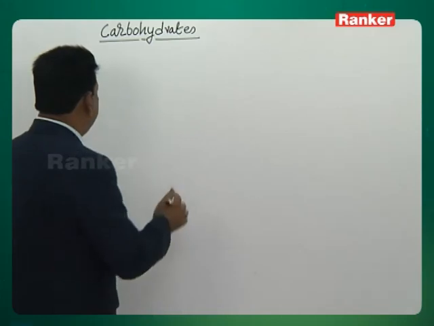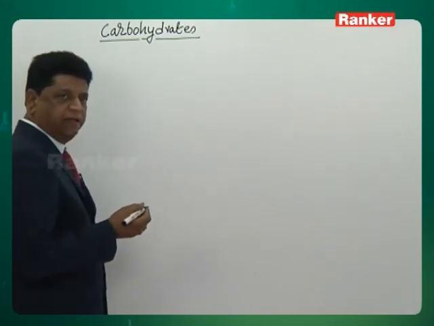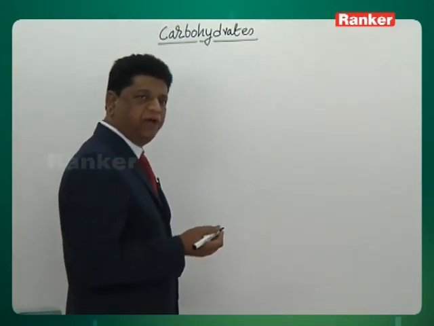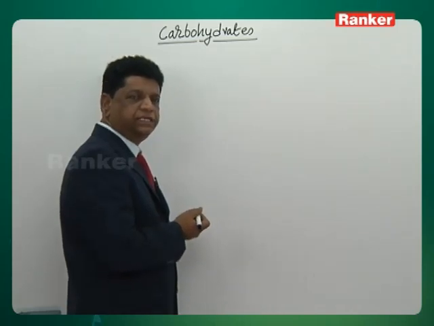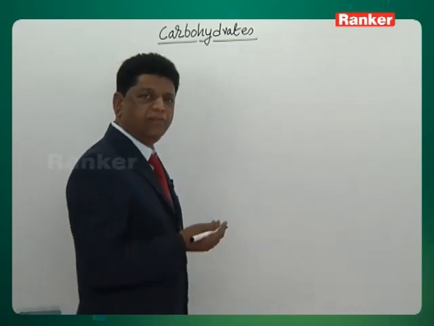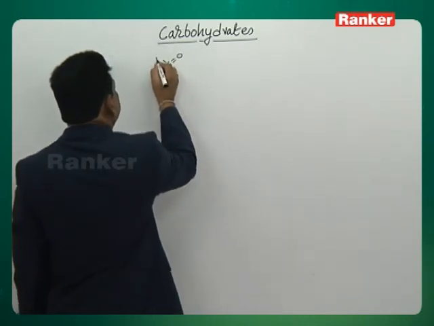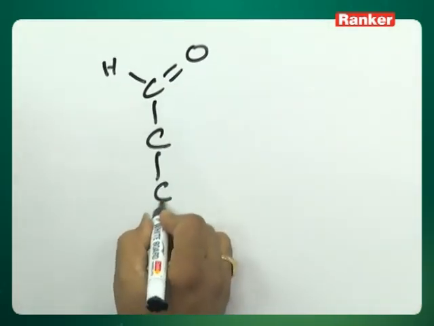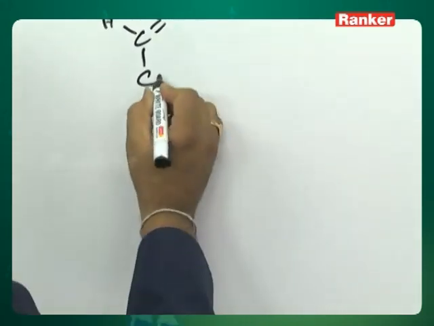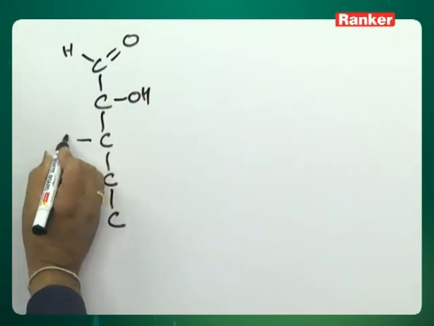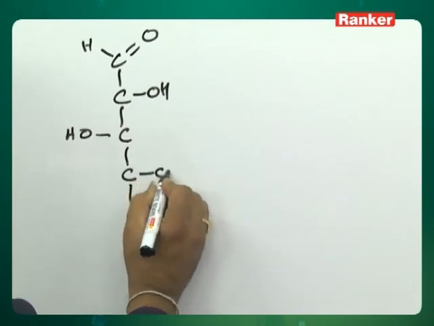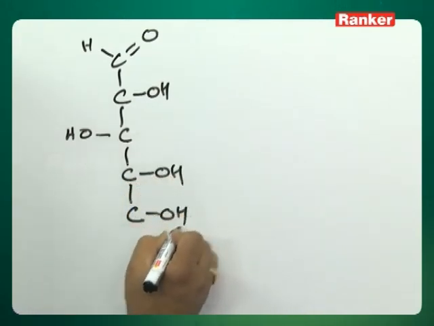Next we will see how to write this cyclic form, specifically the Haworth form, and how the cyclic form forms from the open chain structure. The open chain structure is a straight chain containing 4 OHs, specifically the third OH on the left side and all other OHs on the right side.